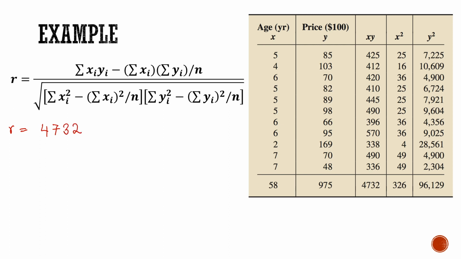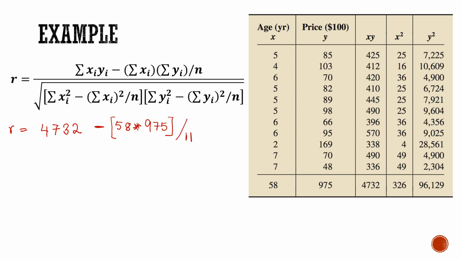Sigma x times y, 4732, and then a minus sign, so minus sigma x times sigma y. Sigma x is 58, and I'm going to surround this with brackets, multiplied by sigma y, which is 975, divided by n, which is 11.